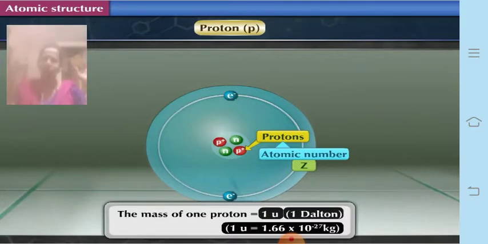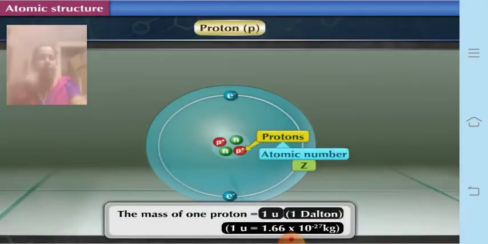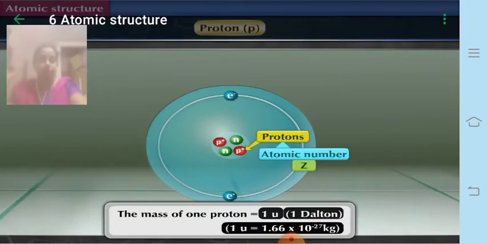You can imagine, because in the thickness of a page itself there are around 10 atoms, and inside the atom, in the nucleus, these protons are there. So you can imagine how small it is and how little its mass will be. Its mass is around 1.66 into 10 raised to minus 27 kilograms.